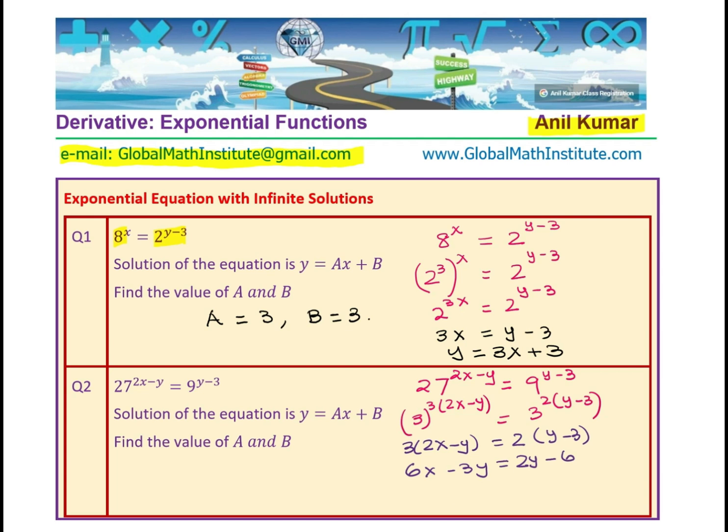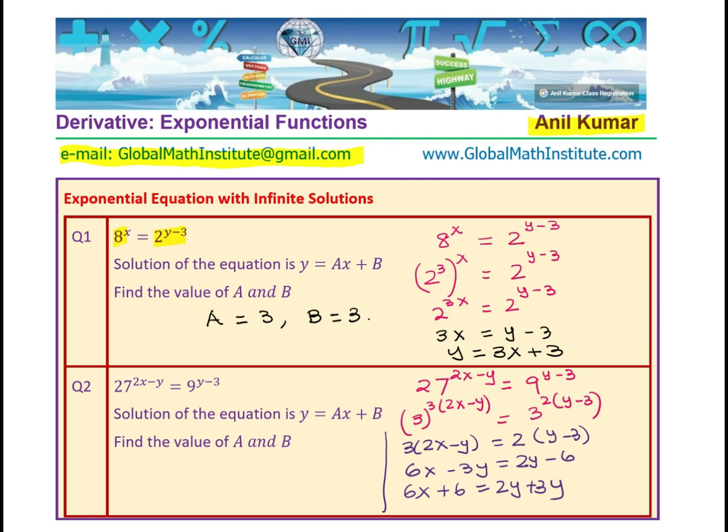So we should get, in this particular case, 6x. We'll bring 6 on this side, equals 2y plus 3y. So let me just get these things on the left hand side.